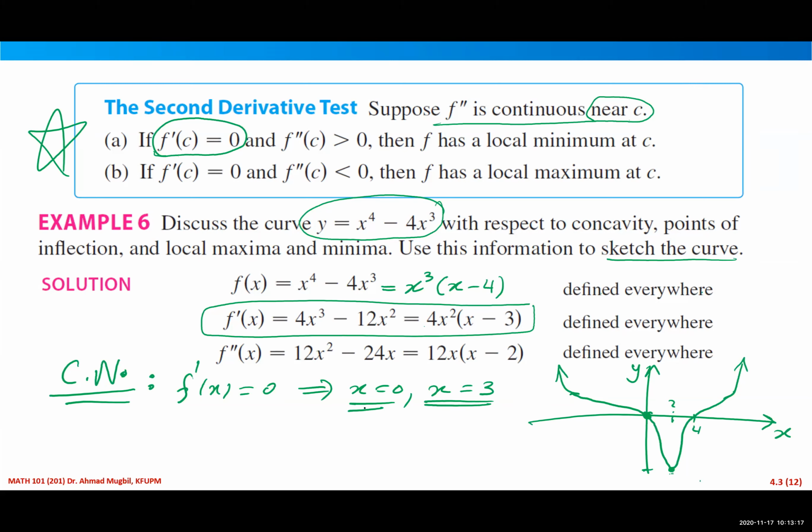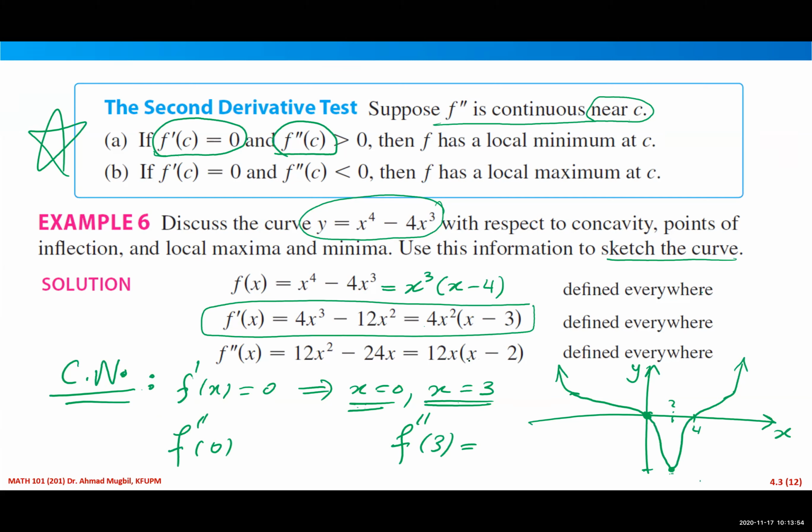Now, if you want to check which of them is a local maximum or local minimum, you either make a table for the first derivative to know where it is increasing and decreasing, and where it has a minimum or maximum. This is one way. But you can also use this test. Just find the second derivative at 0 and at 3, and see what happens. Let's start with the second derivative at 3.